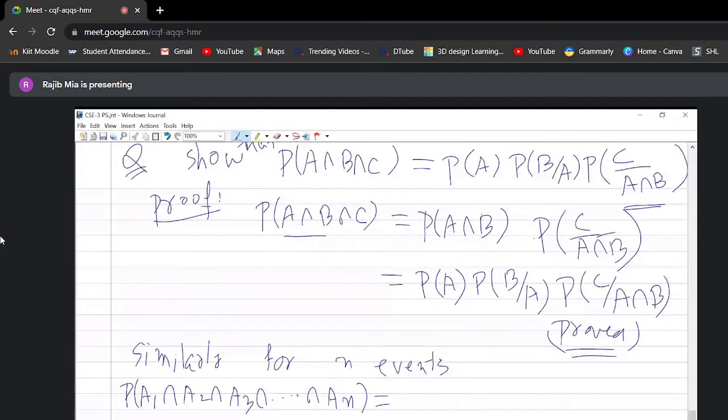Similarly here you can write probability of A1, then probability of B by previous events. Sorry, B means here A2. Probability of A2 by A1. Then probability of A3 by the intersection of previous two, that is A1 intersection A2.